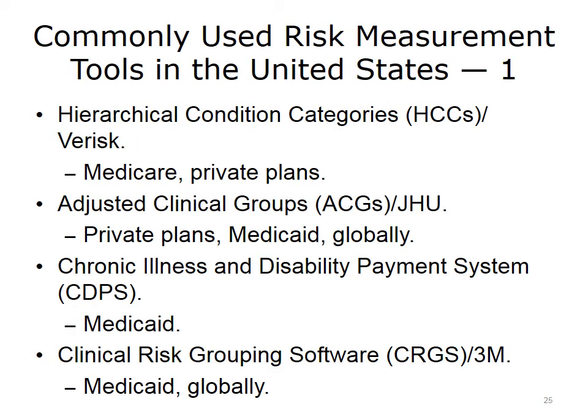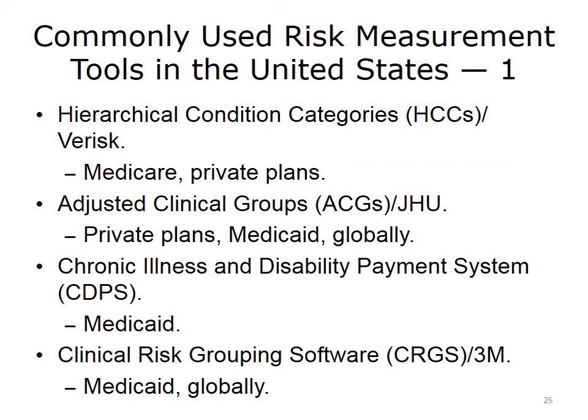One widely used method is what is termed hierarchical condition categories, or HCCs. The system was originally developed at Boston University. A version of it in the public domain is used by the Center for Medicare and Medicaid Services, CMS, that runs the Medicare program. There is also a version that CMS applies for qualified health plans in the ACA's marketplaces.